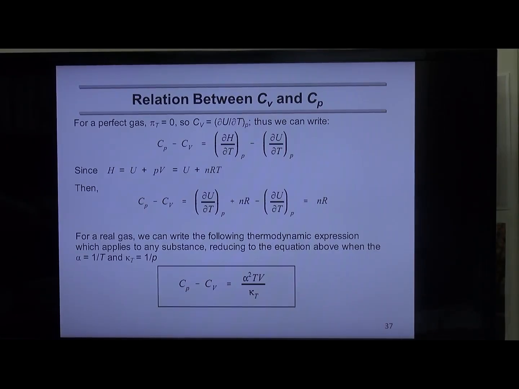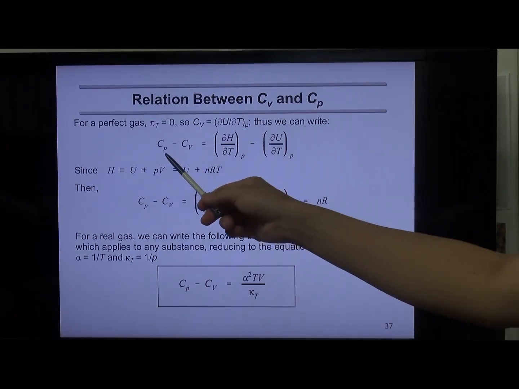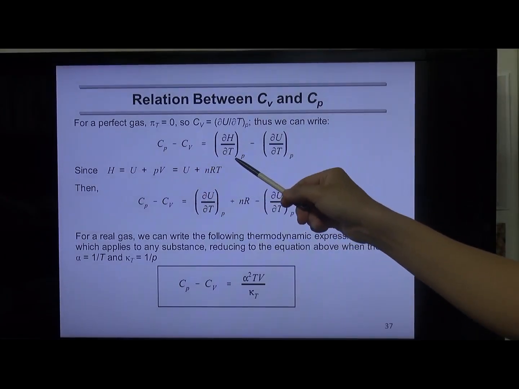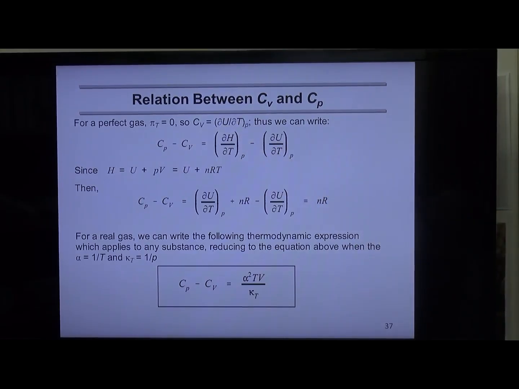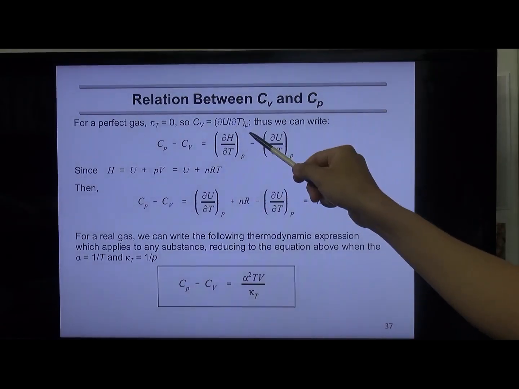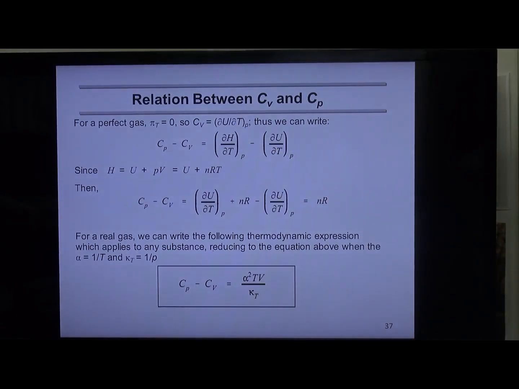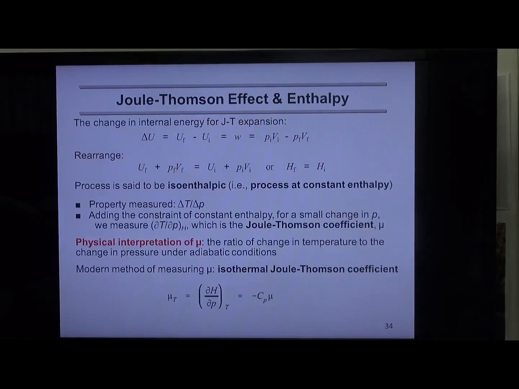We can do it now. Cp is round H, round T at constant pressure. Cv is round U, round T at constant volume. But remember that this one was same as this, from the previous slide.